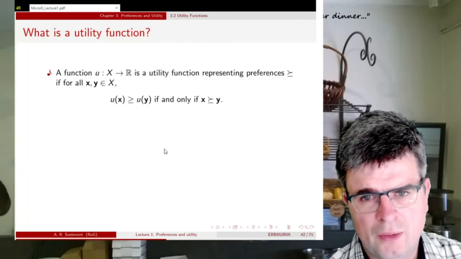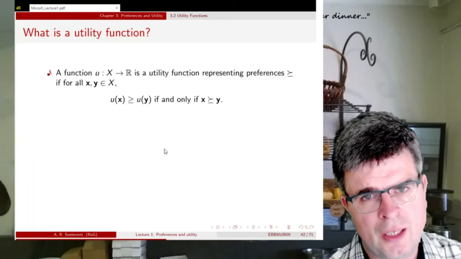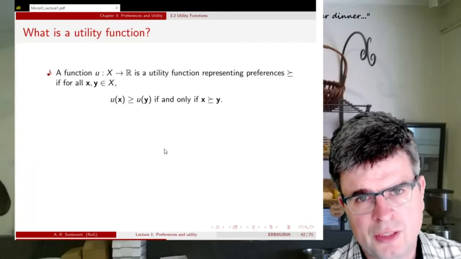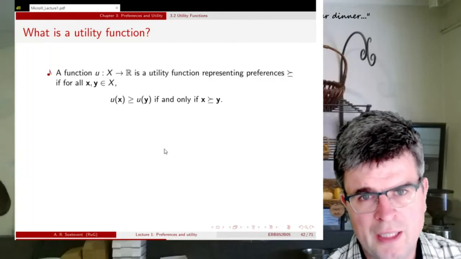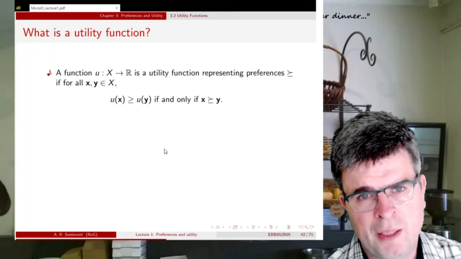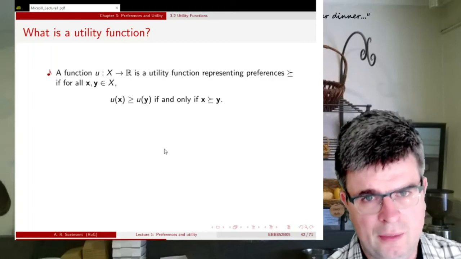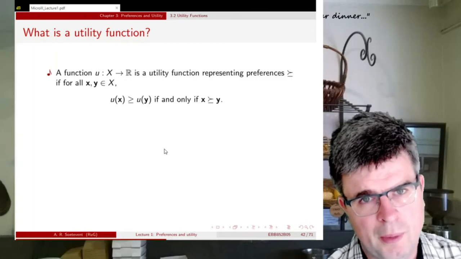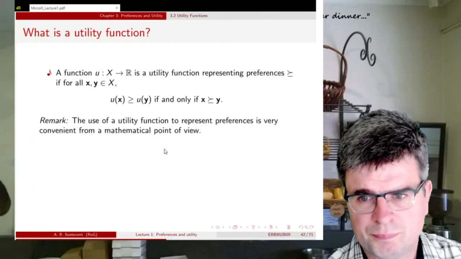So the utility function allows us to move from describing preferences in terms of binary relationships to expressing them in numerical terms. And that's very helpful because that allows us to make computations.